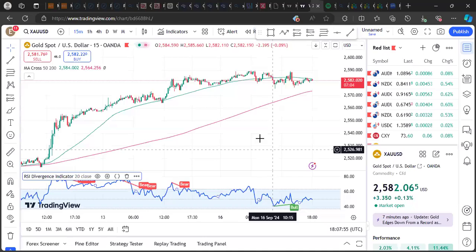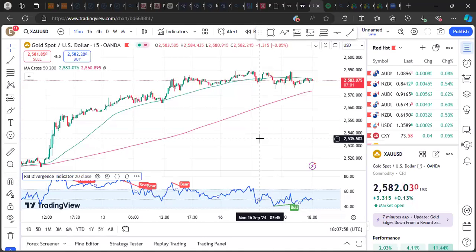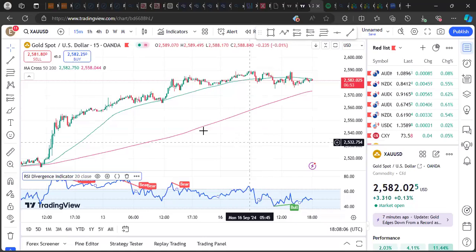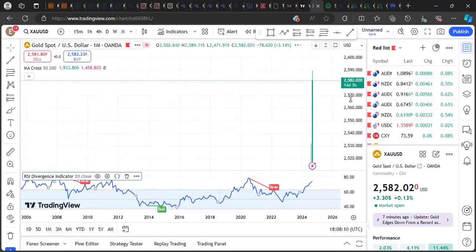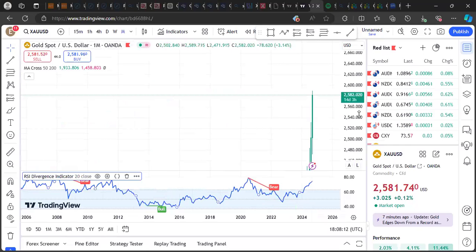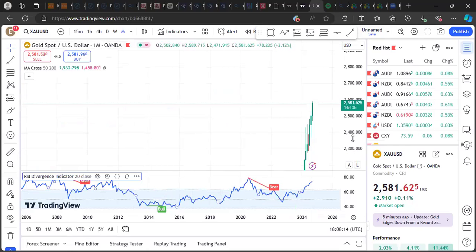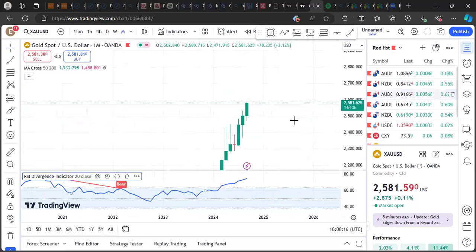All right. So now, the very first thing to do, especially as a day trader, is to identify what direction I should trade for the day. The first thing to do is go to the monthly time frame. You want to check the first 2 candles, this and this.